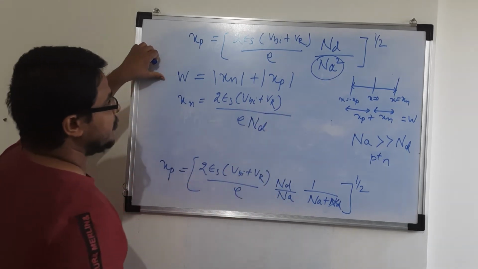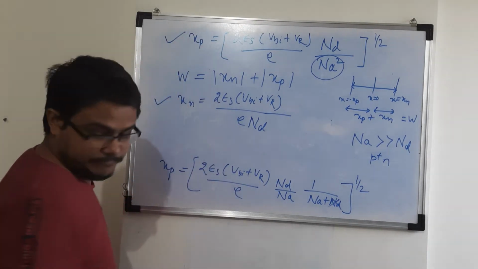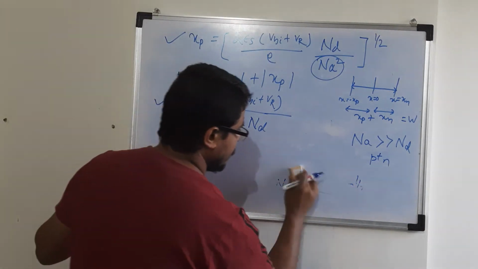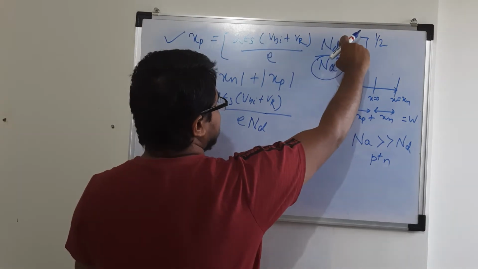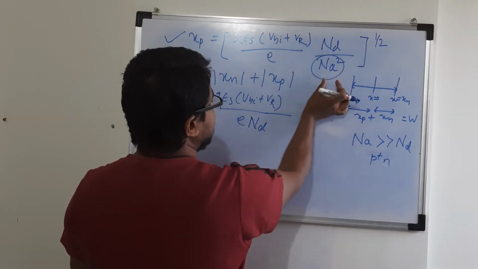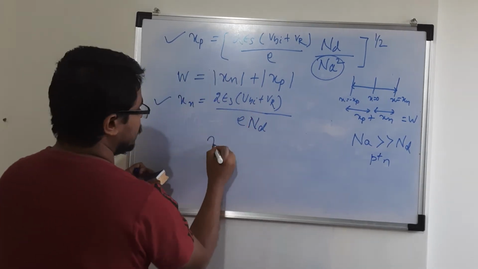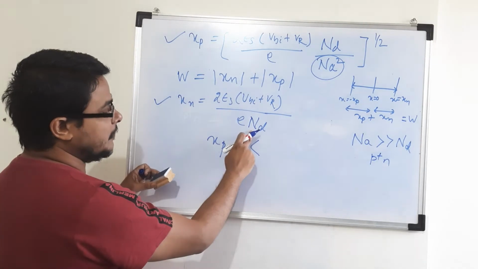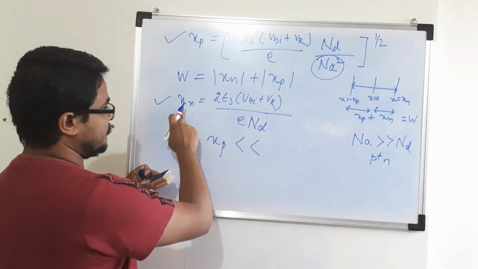Now if you compare this xp value and this xn value, you can see you got Na square and Nd is already very small. So this value Na square is large enough, so xp will be very small. There is no Na value in xn, so Nd is very small, and that makes xn much larger.